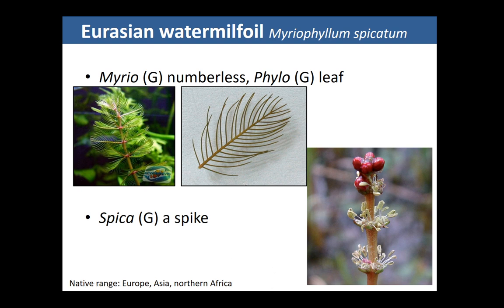And the reason it looks numberless is because the leaves are compound. Each individual leaf is broken up into small leaflets. The species name is spicatum, which comes from the Greek word spica, a spike, which refers to the flower spike, which holds both male and female flower parts.